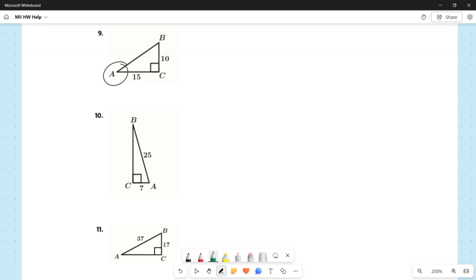So I really don't want to get that third side if I don't have to. In order to solve this problem, we're going to need to know the definition of our trig ratios in a right triangle. So the definition for sine in a right triangle is opposite over hypotenuse.